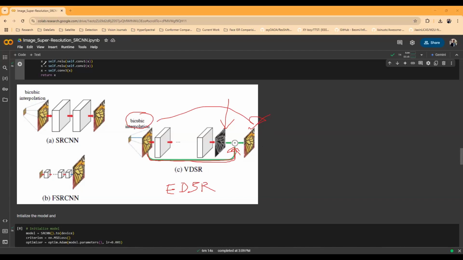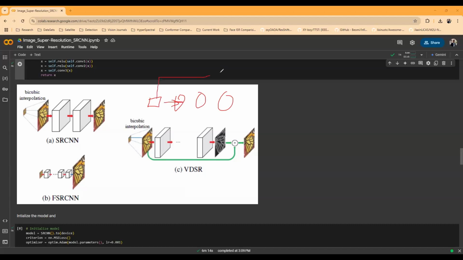Let me draw this. They are doing both the things. They are using the same low resolution images for enhancement and the low frequency component, and that will be added here.